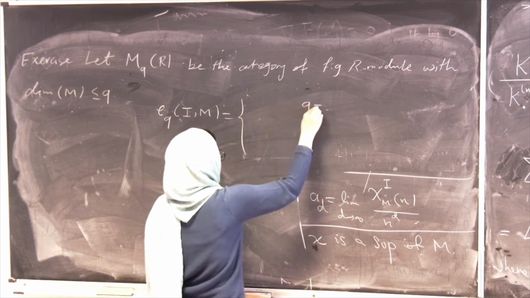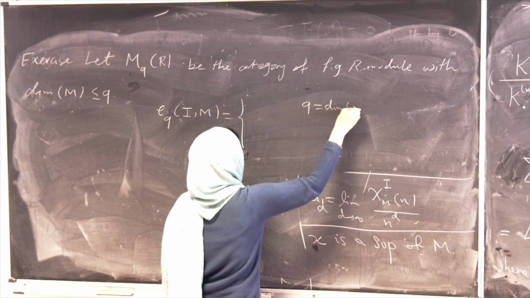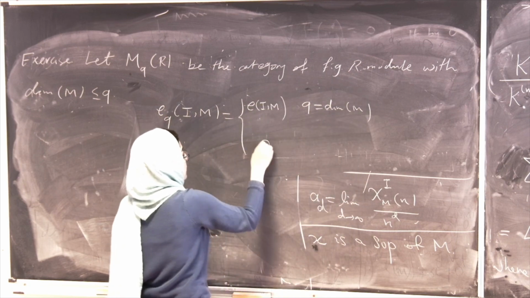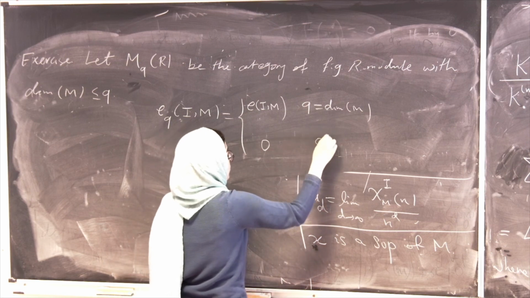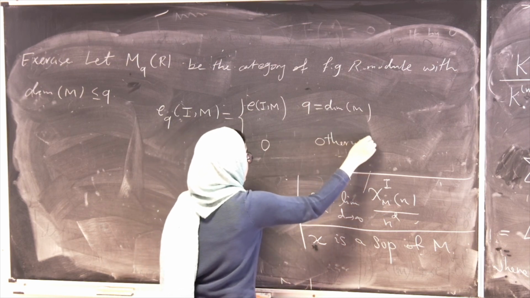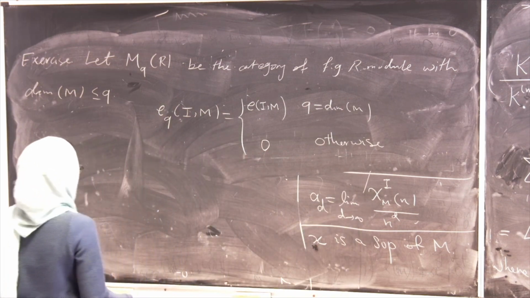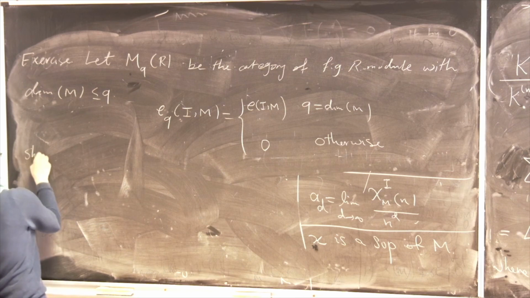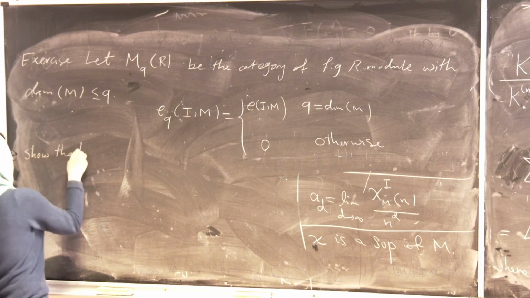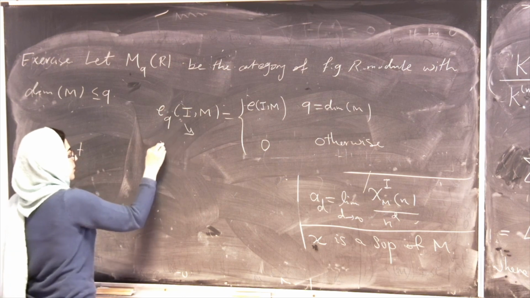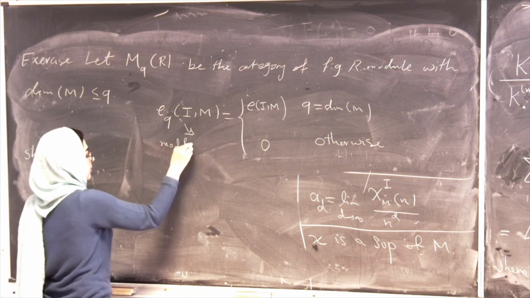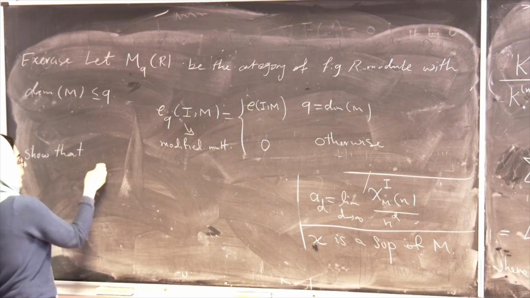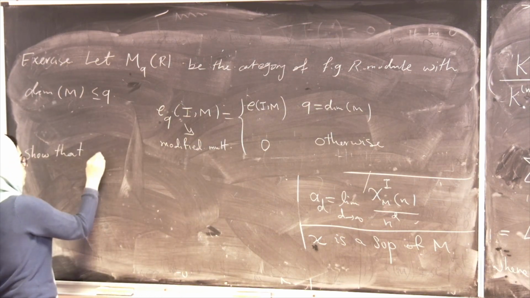If q is the dimension of M, we define it just to be the multiplicity, and we define it to be 0 otherwise. What you should show is that this, which we call the modified multiplicity, is additive on short exact sequences.